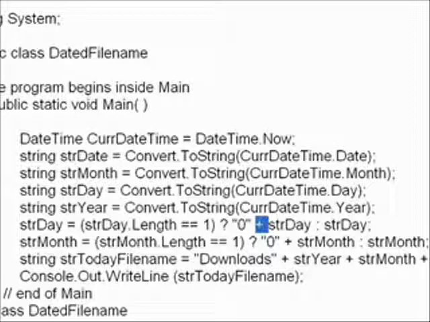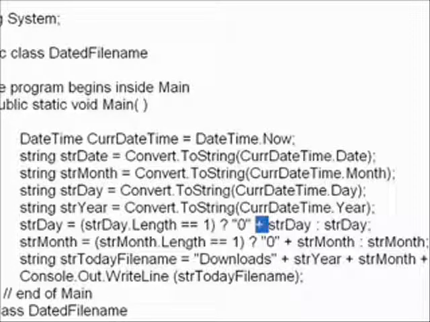But in this case, when we're dealing with two strings, instead of adding them together, they put the second string at the end of the first string and create a new string that's the two of them put together, concatenated. For instance, if you have ABC plus DEF, you'll end up with a 6-character string ABCDEF, and so on.